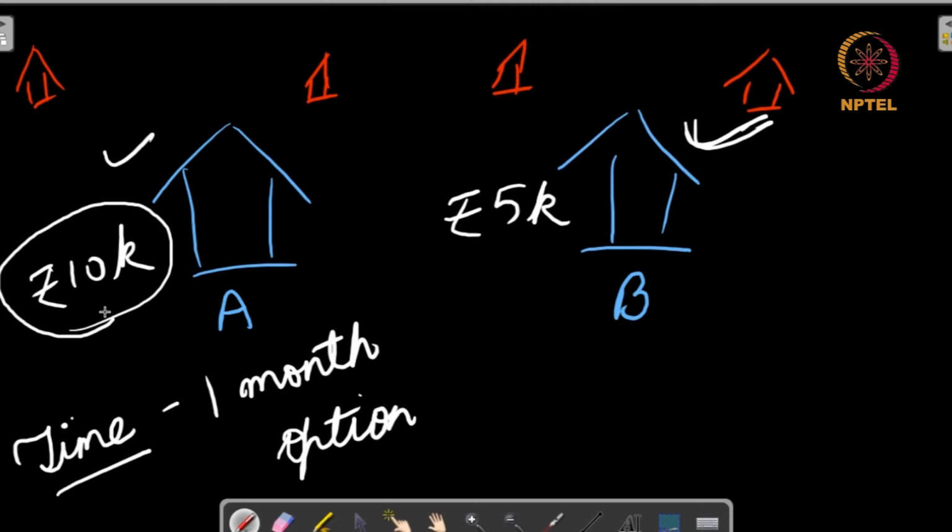But this investment was necessary, or it provided you with certain values by giving you a period of 1 month to decide between both of these houses. So this 10,000 rupees that you gave to this person is an option value, or the price for the option value of having this option to buy this house, say after a period of 1 month.